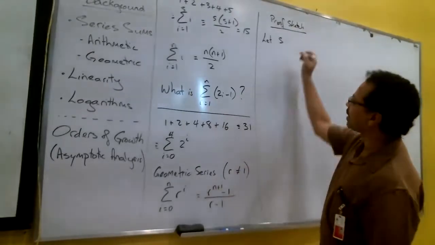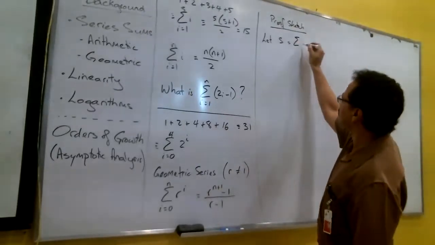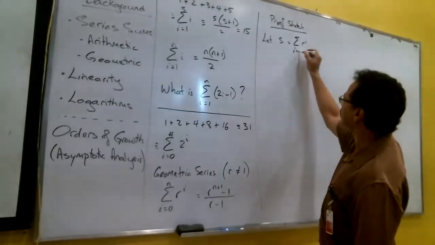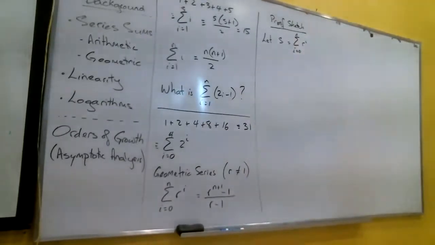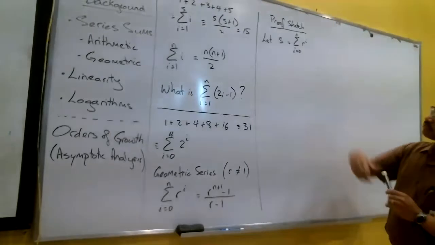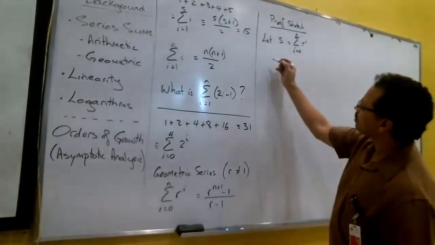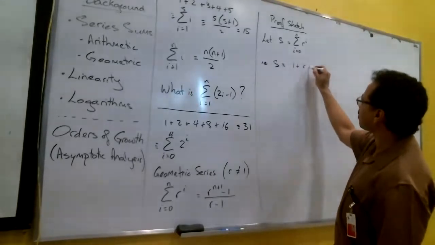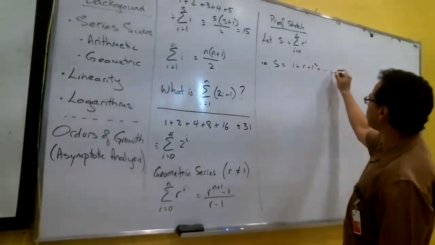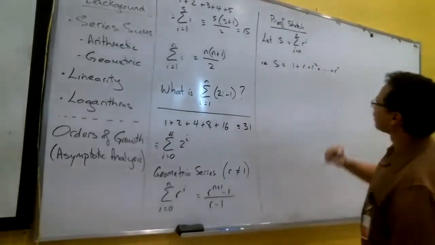All right, so suppose I call this sum S. Hopefully when you see this, you won't forget it. So let's write this out. S is really 1 plus r plus r squared, all the way up to r to the n.